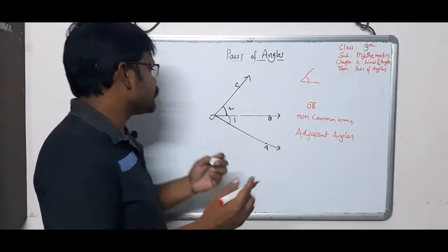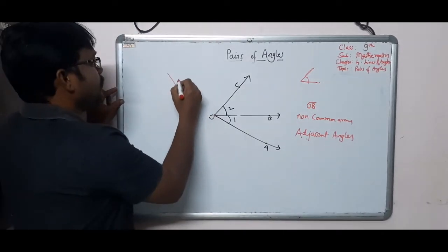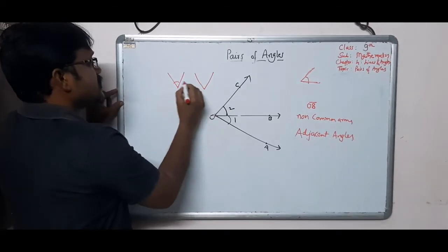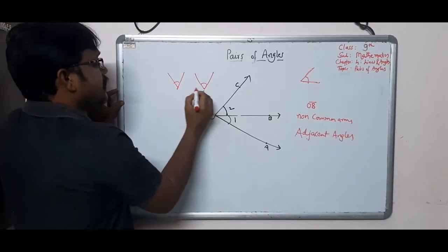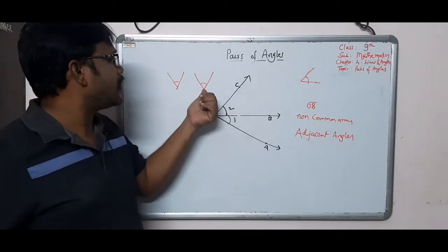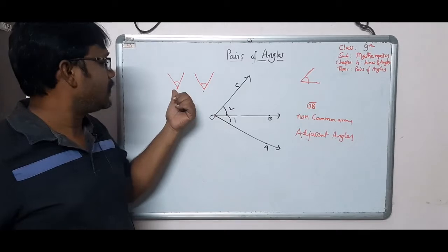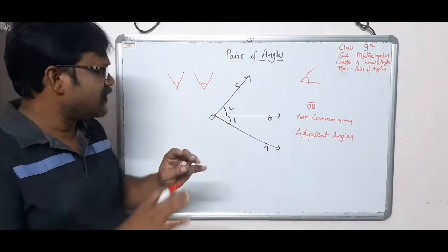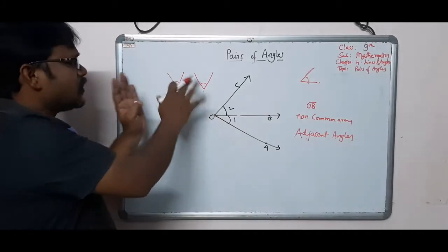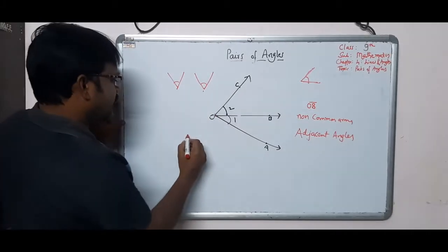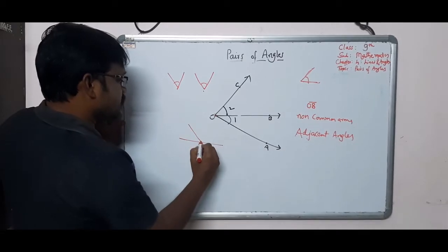If I show you some different example, you may understand well. Suppose here is angle, here is angle. They cannot be adjacent because they do not have any common arm, and they do not have any common vertex. Likewise, so many disqualifications are there. You can bring many examples.